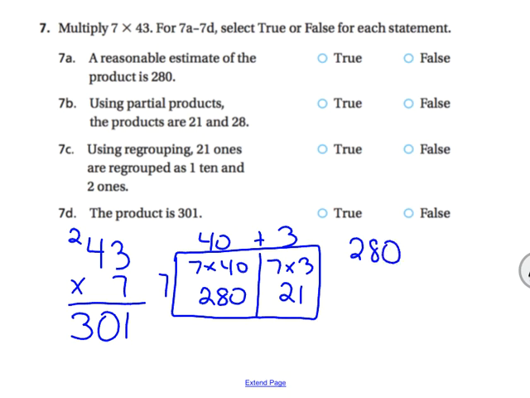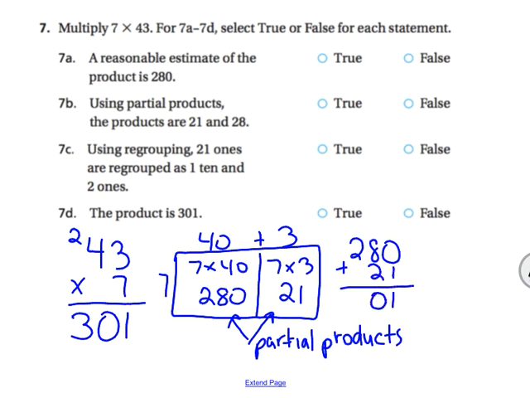This is what we consider partial products. Because this is one part, this is a second part, okay? So when I add them together, that's when I will get my final product. Okay, and always make sure that if you're showing more than one way, that they both match. The products come out to the same answer.